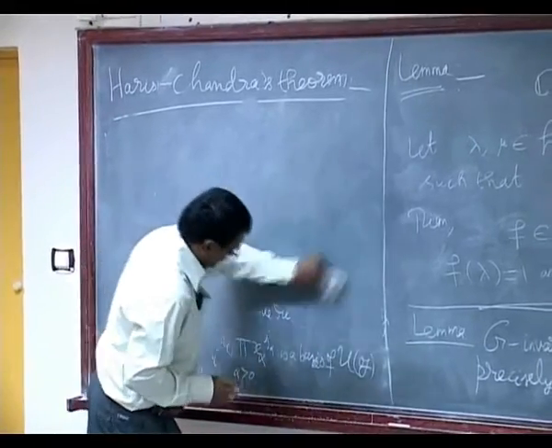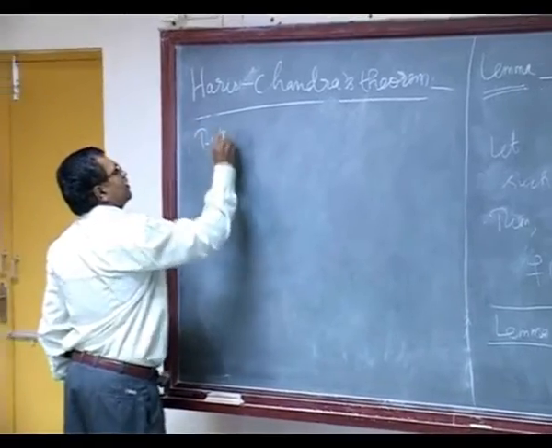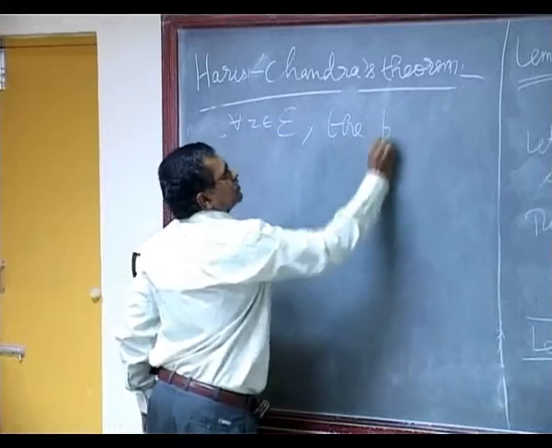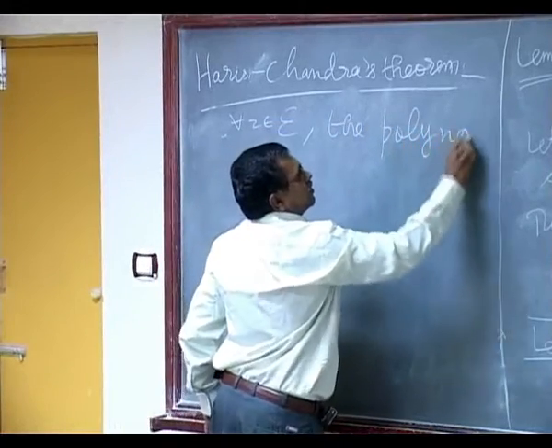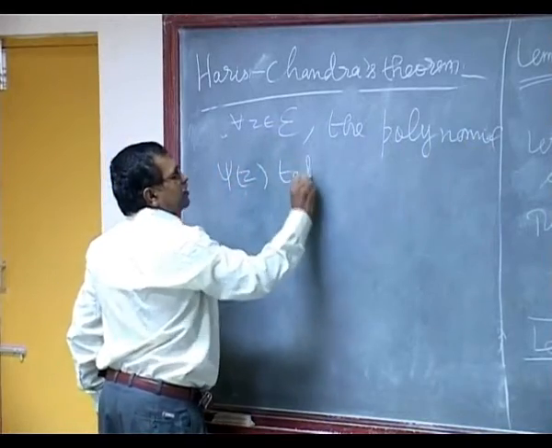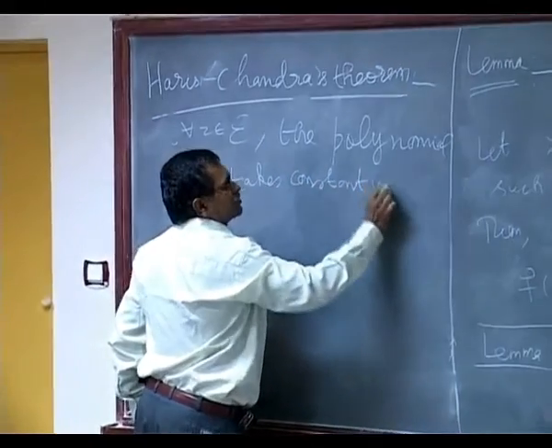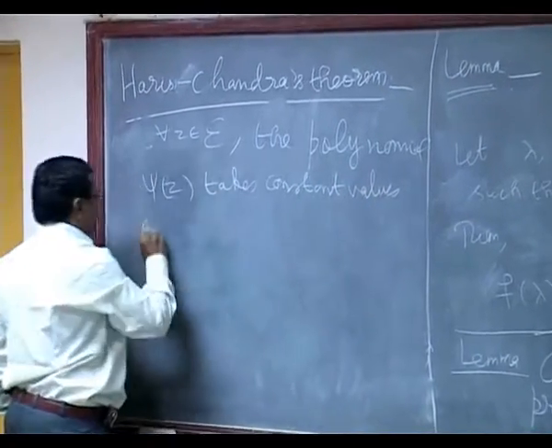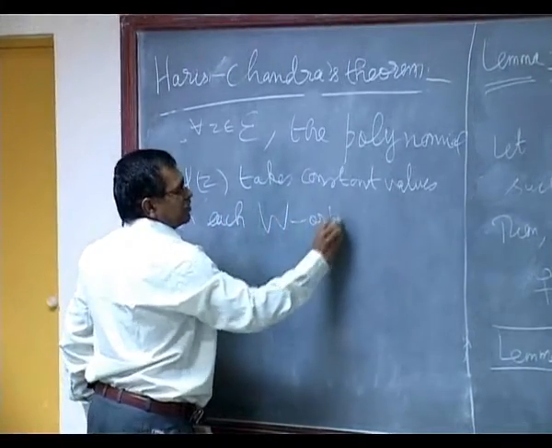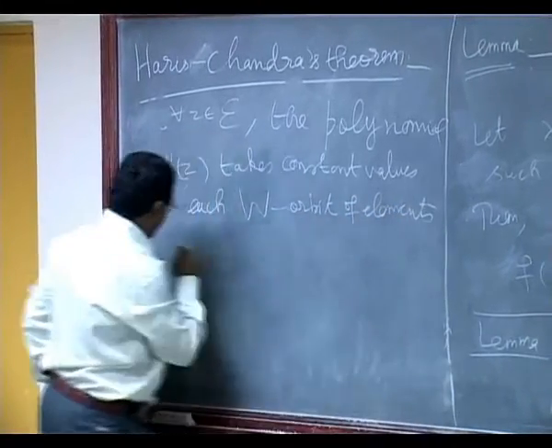Just to say it in a different way: for every z in epsilon, the polynomial psi z takes constant values on each w orbit of elements of lambda.